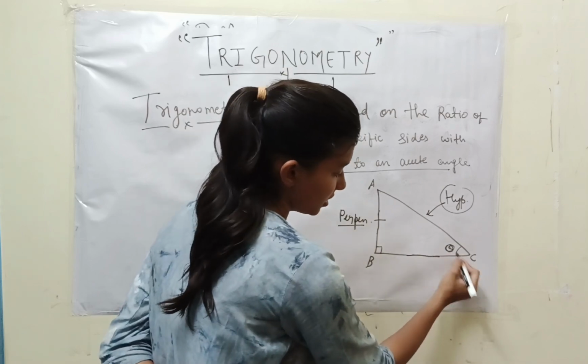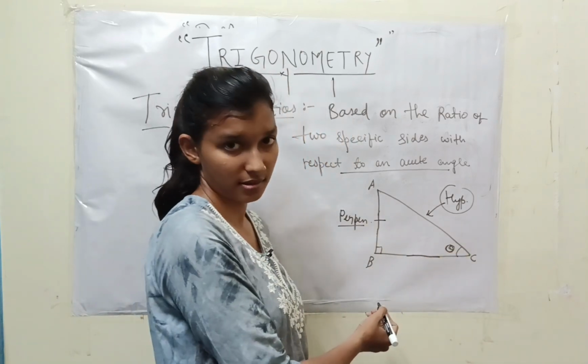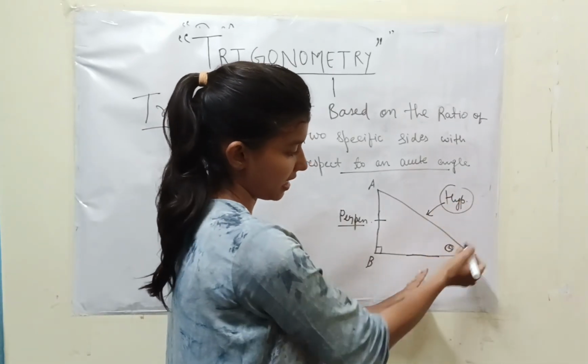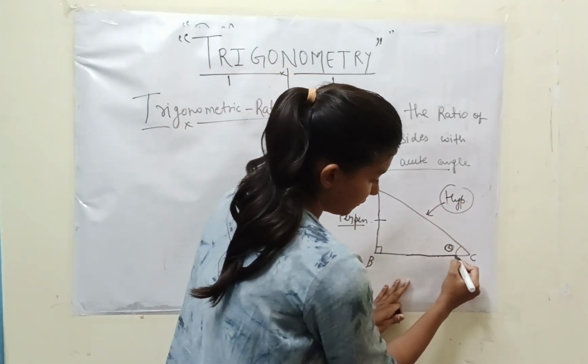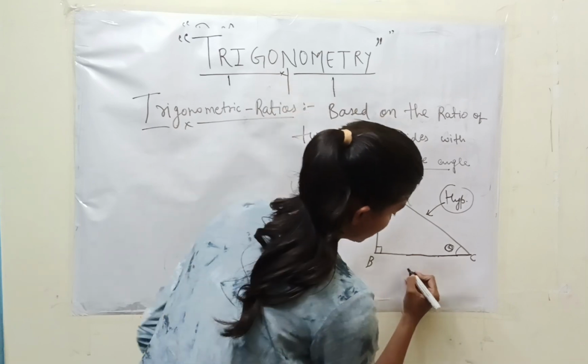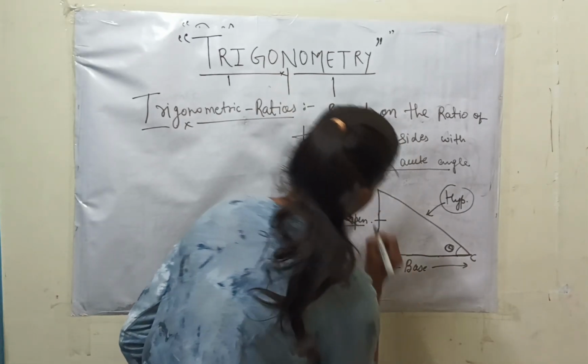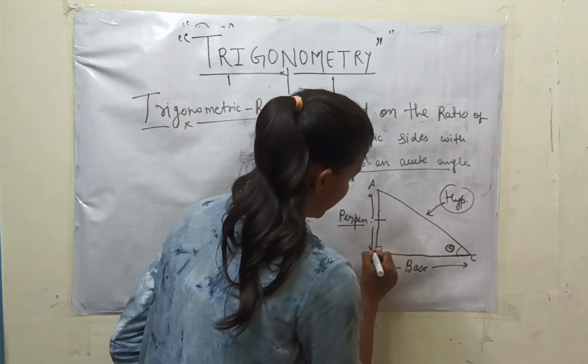And the side which is adjacent to theta, besides the hypotenuse, is called base. So this is base and this is perpendicular.